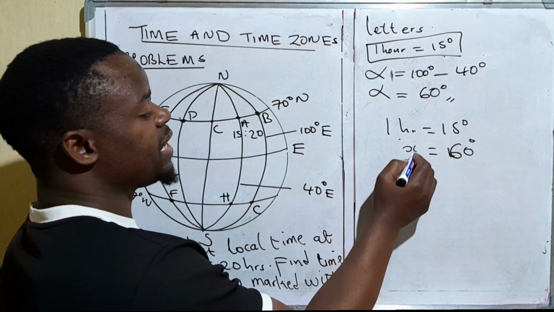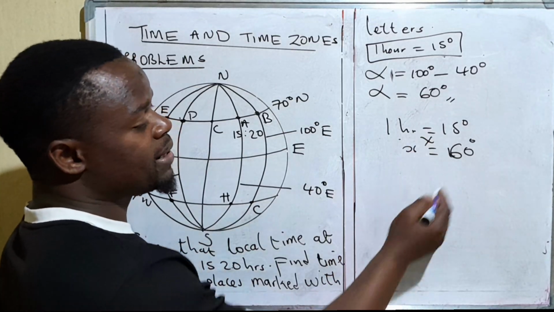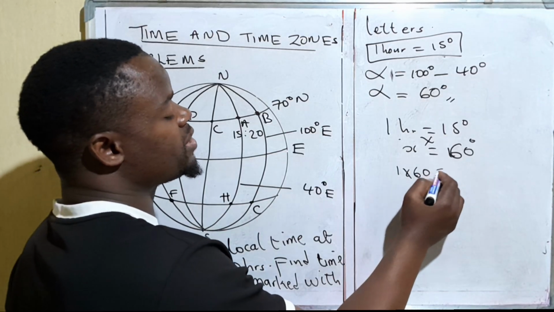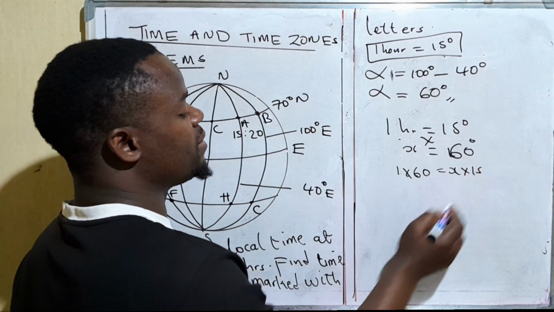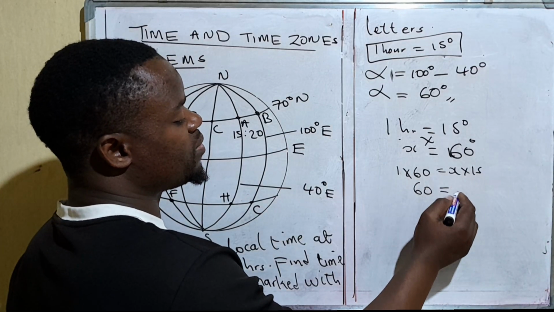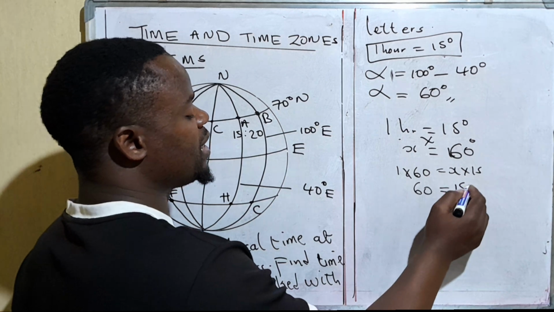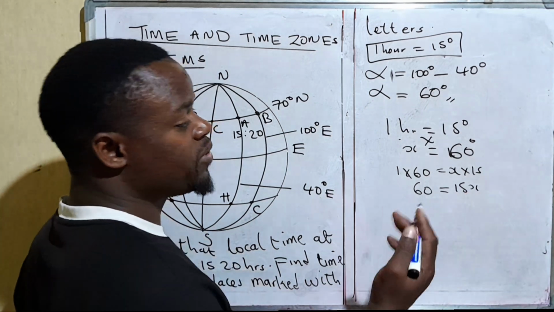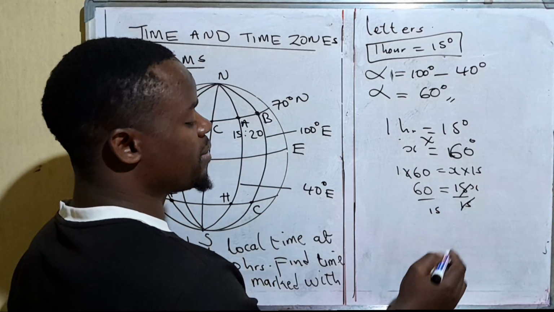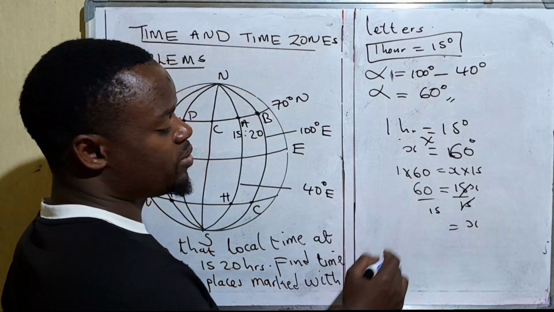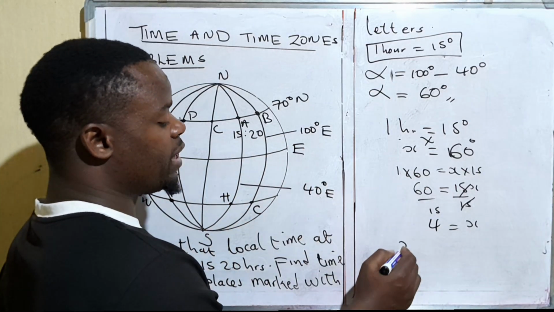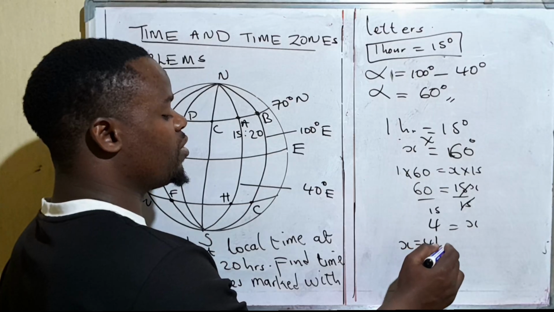We write X here and cross multiply. 1 times 60 is 60, equal to X times 15, which is 15X. Since our interest is to find the value of X, we divide both sides by 15. 15 into 30 is 2, so 15 into 60 is 4. So X is equal to 4 hours.